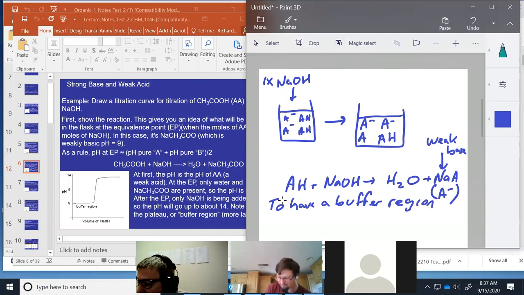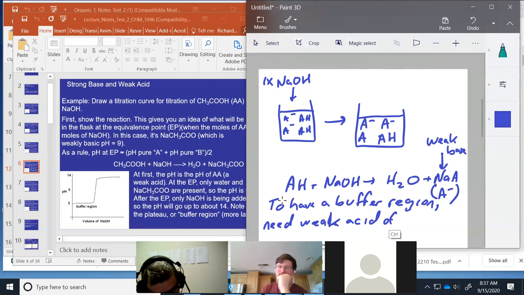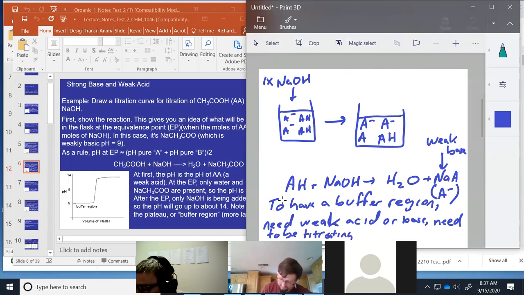To have a buffer region, we need a weak acid or base, and we need to be titrating with strong acid or base. That's it.